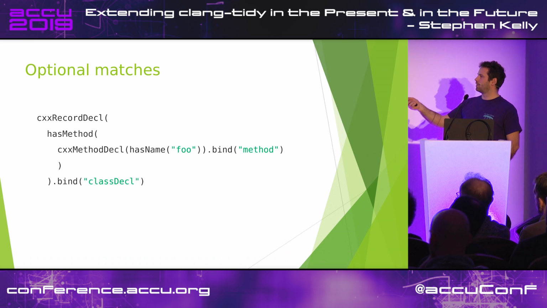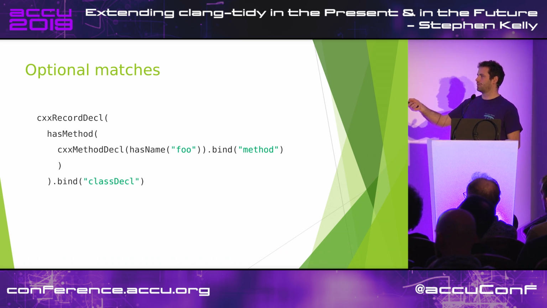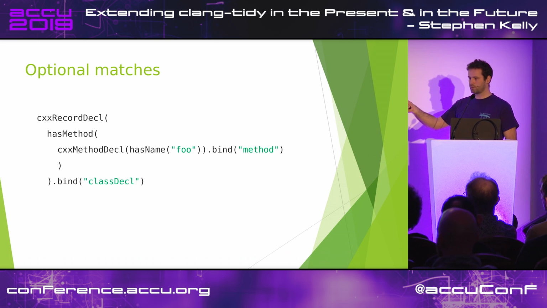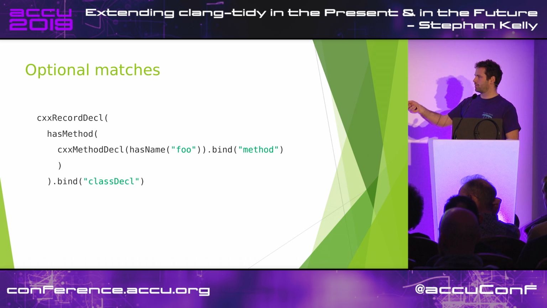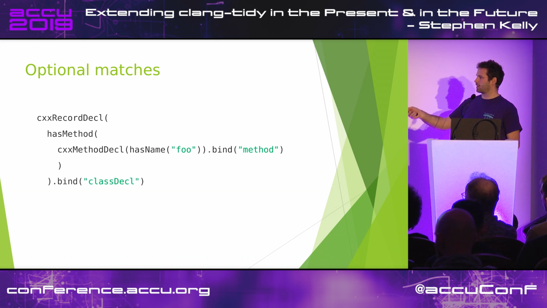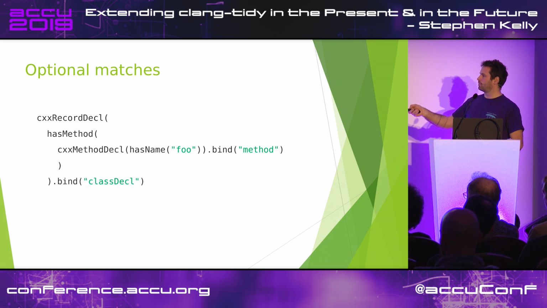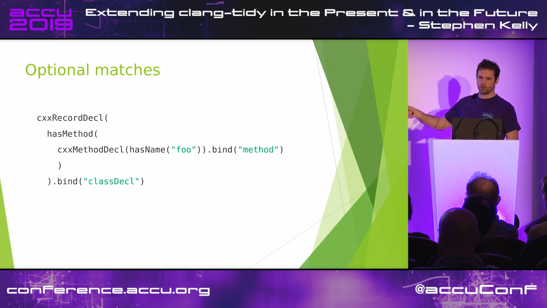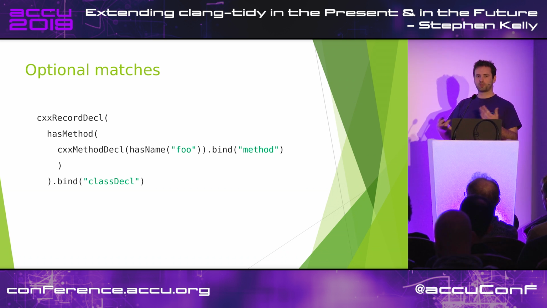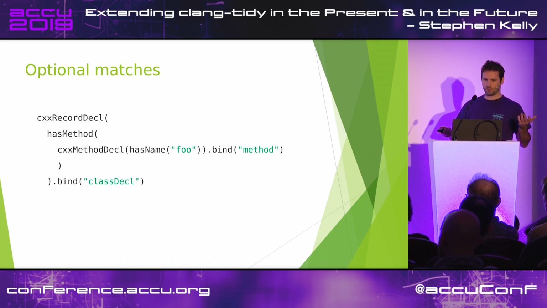So here, record decl is something that matches structs and classes and unions. Method decl obviously matches methods. I'm binding the class or the struct that I find with class decl, and I'm binding the method that I find with method. The problem is not all of the classes that I care about have a method called foo. So I want to optionally capture foo if it exists.